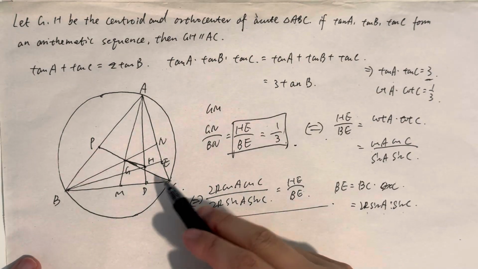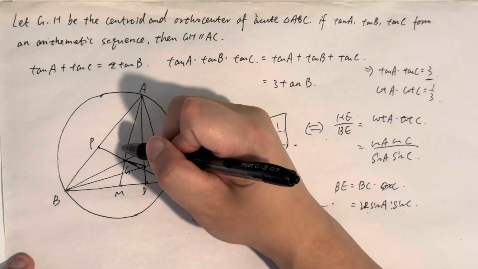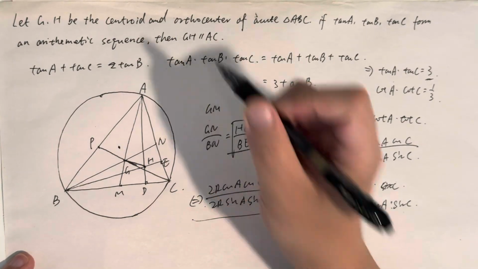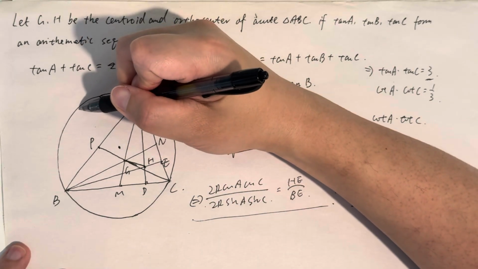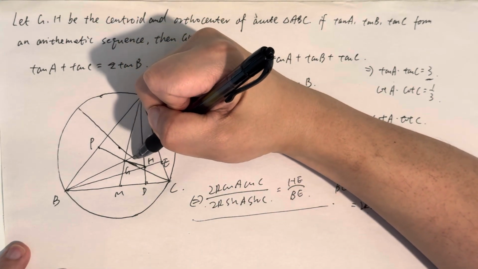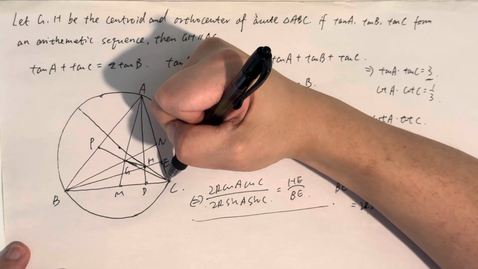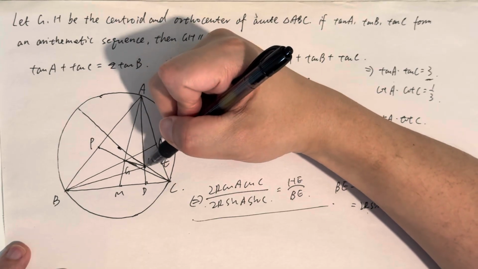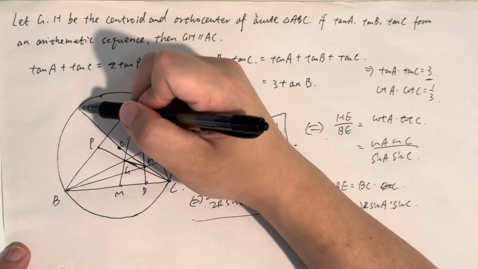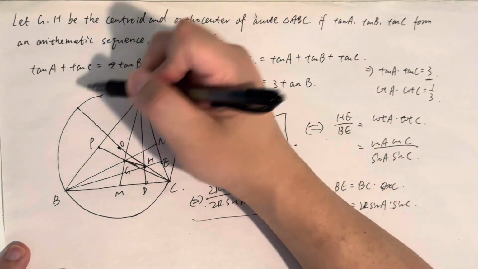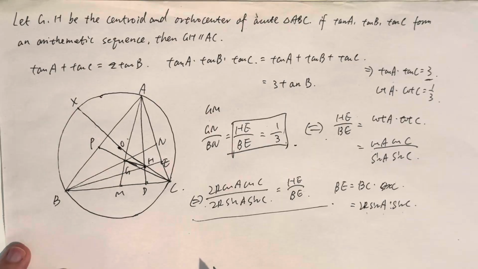So here we need to use a thing that we discussed a lot, right? Just connect, for example, C and O here. Let's call this point, for example, X, right?